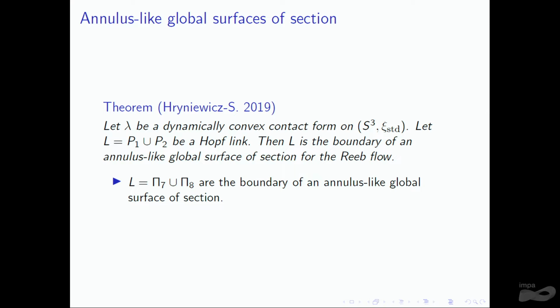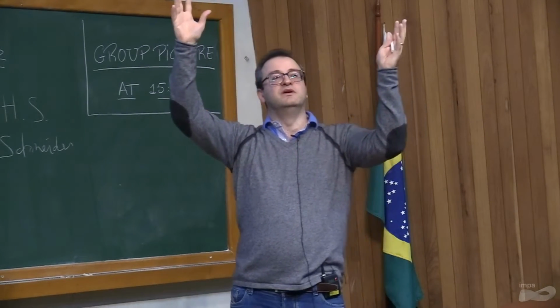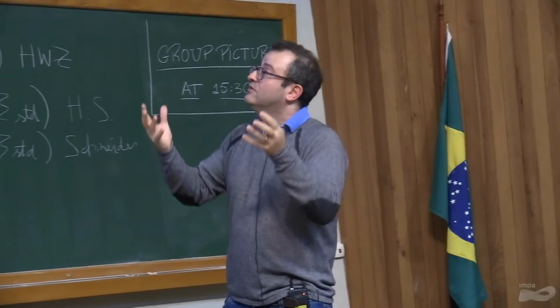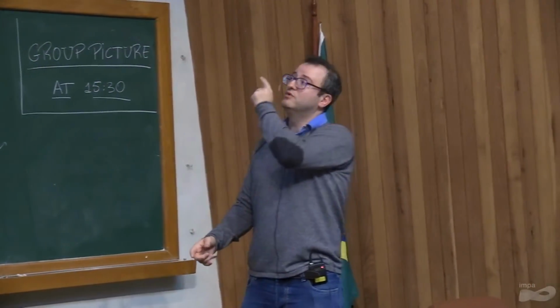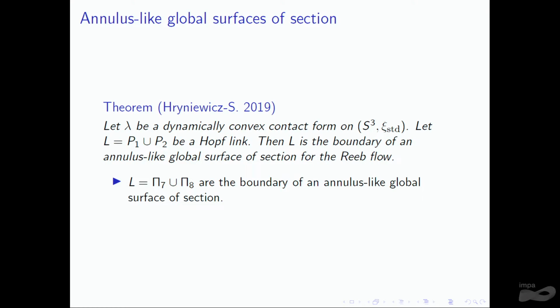Again, this theorem is much more general. More or less the philosophy is when you have a contact manifold, a Reeb flow, which has an open book adapted to the flow, and it's a positive open book. And then you produce holomorphic curves.